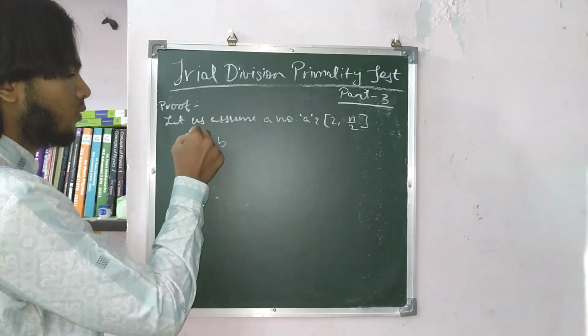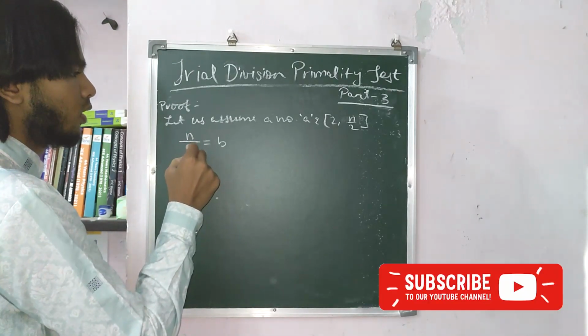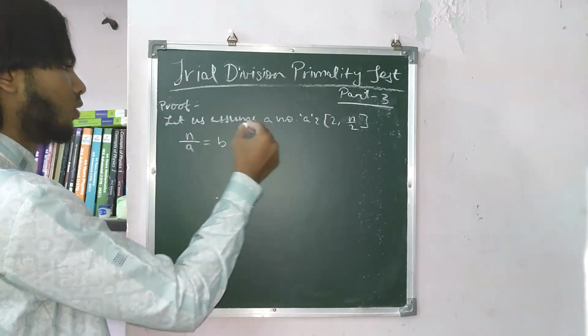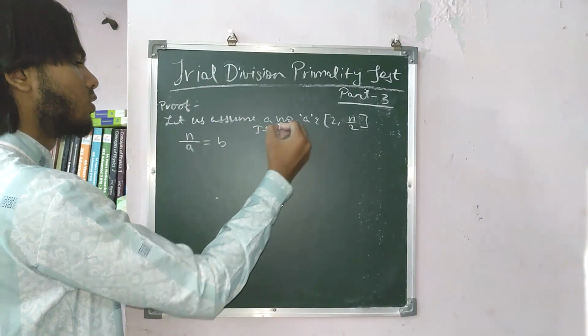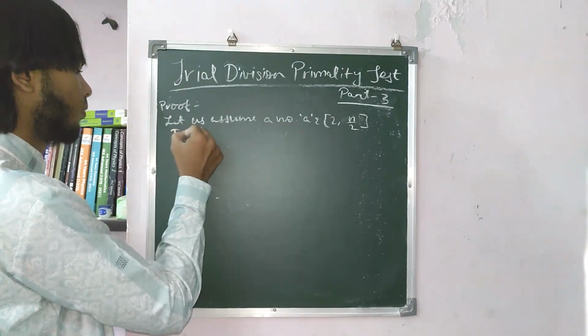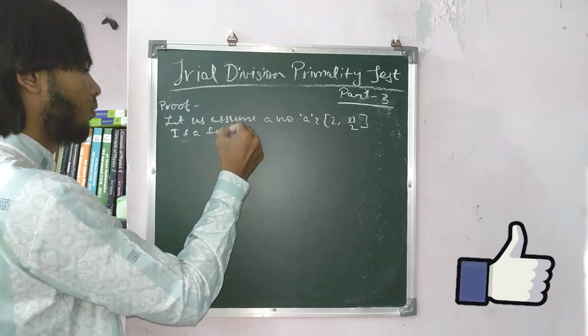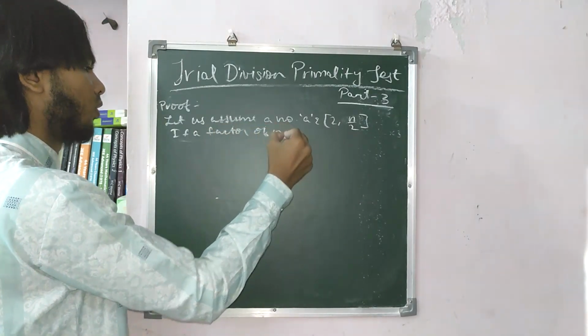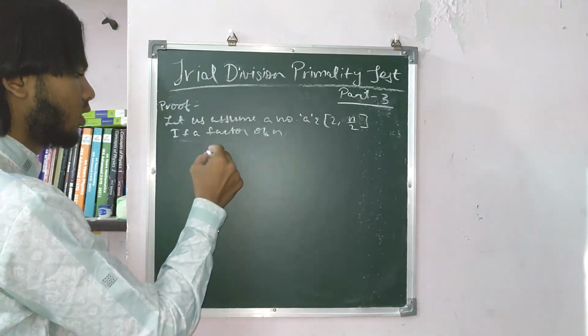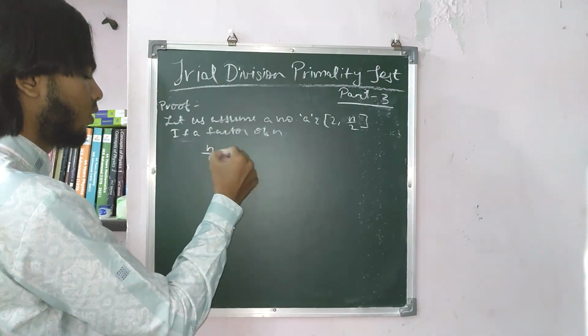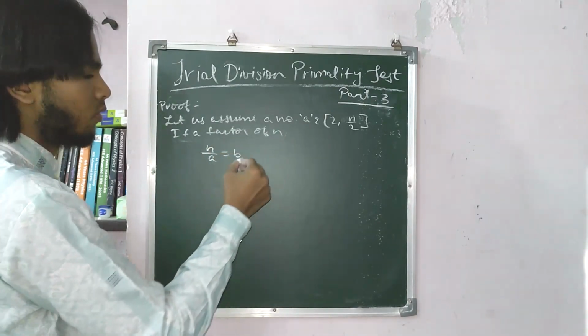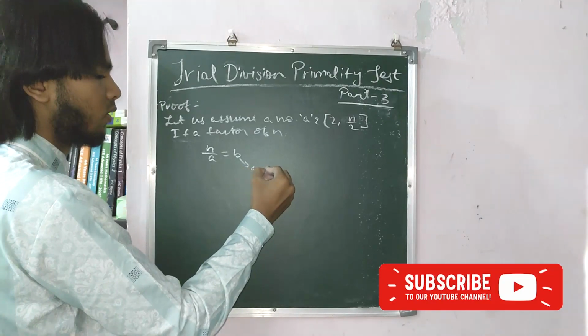Same here, when we divide n by a, and if a is a factor of n, then we get another factor of n, call it b.